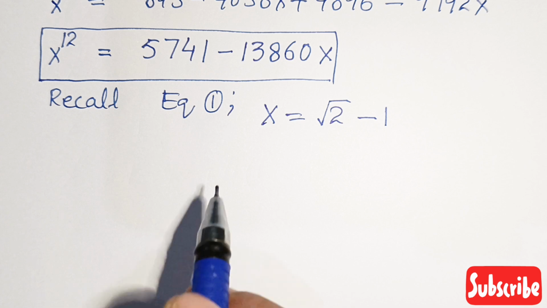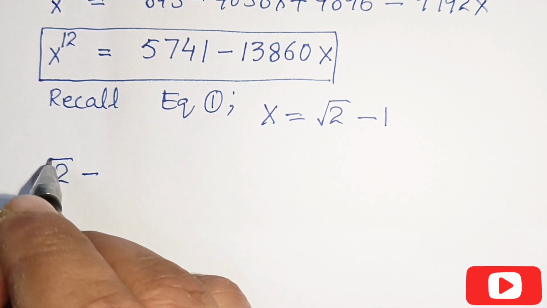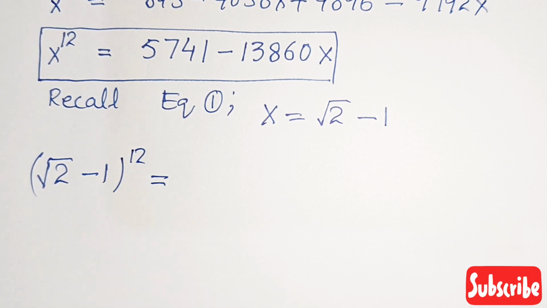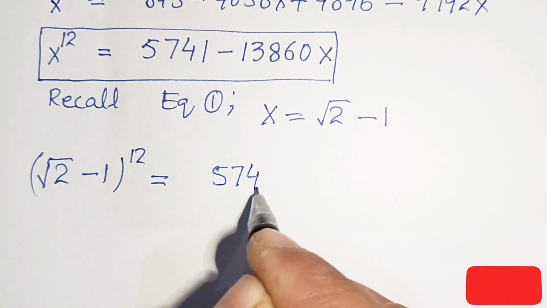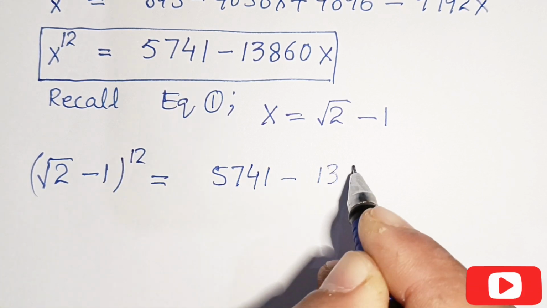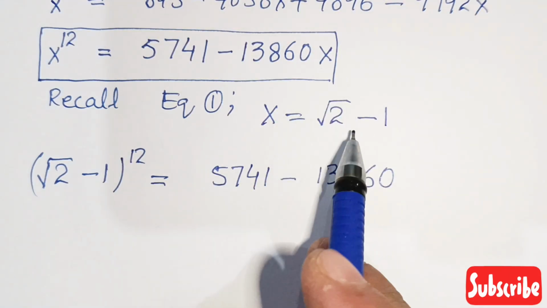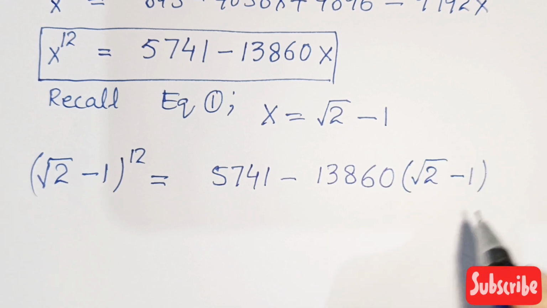Now as x is equal to square root of 2 minus 1, so whole to the power 12, we get the answer as this: 5741 minus 13860, and here we have x, so the value of x is square root of 2 minus 1.